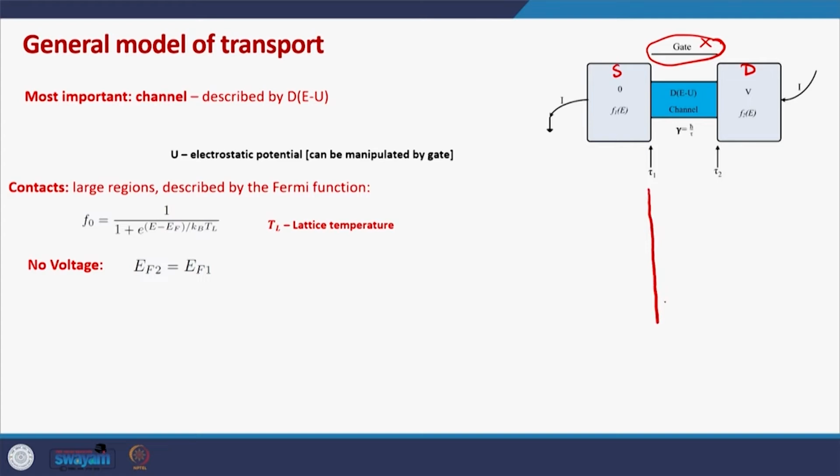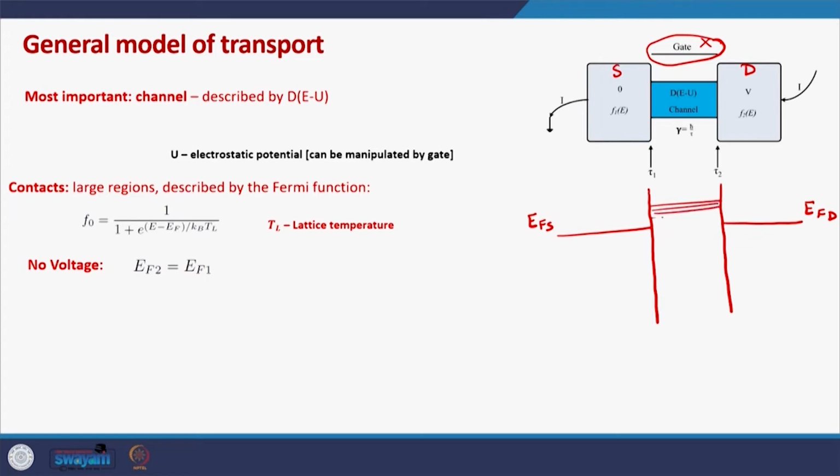When there is no voltage applied and the source and the drain contacts are identical, the Fermi levels of the source and the drain, EFS and EFD, are at the same level.